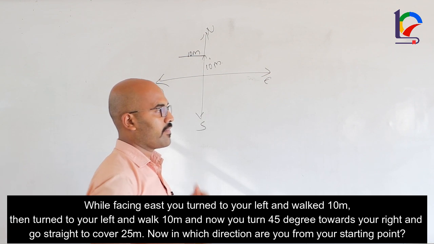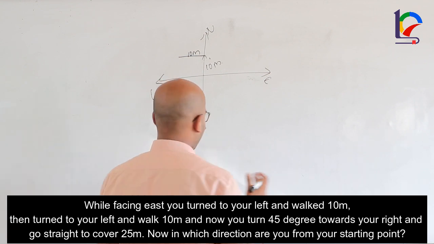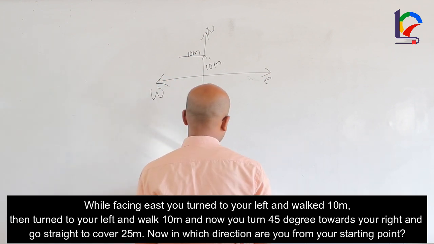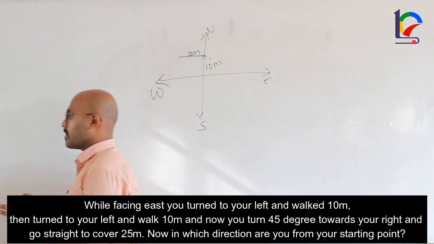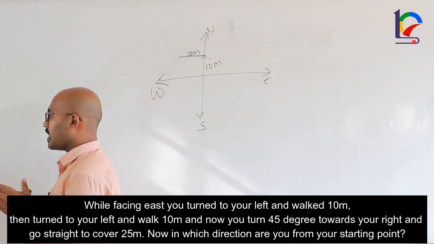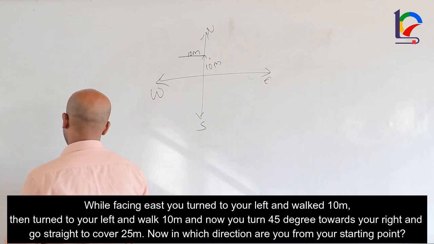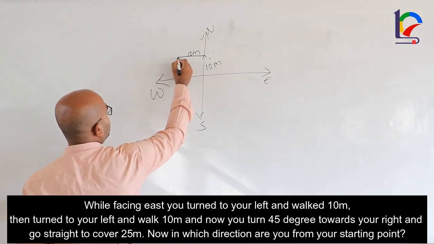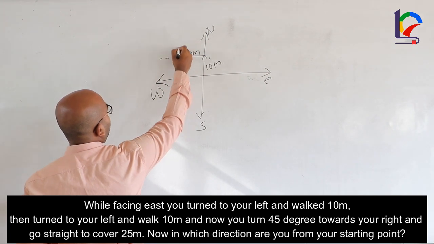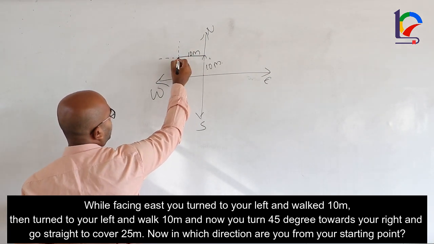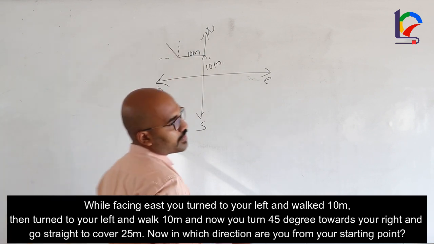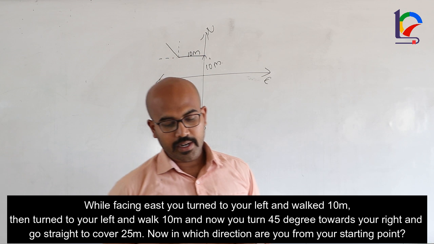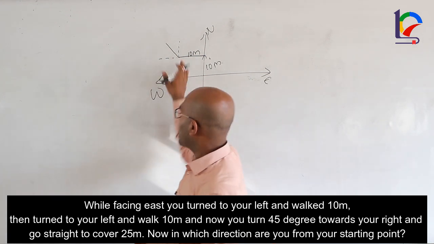So first I am facing east, I turn towards my left, I walk 10 meters, and again I turn towards my left, I walk 10 meters. Now I turn through an angle of 45 degrees. The angle between these is 90 degrees, then I turn 45 degrees. So I turn 45 degrees towards my right. So I can go straight.